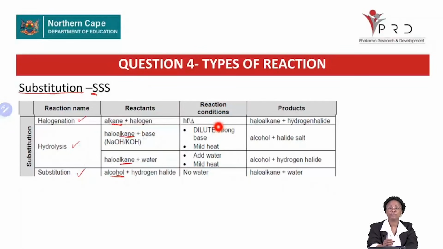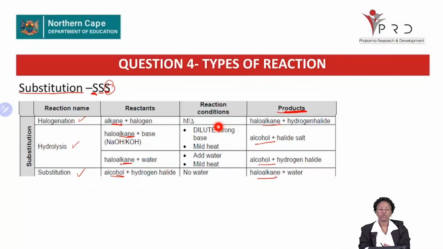Now you are moving from a saturated reactant to a saturated product. You can see product, saturated, haloalkane, alcohol, haloalkane. They are all saturated. Saturated reactant to a saturated product, the type of reaction will be substitution. Then the next thing that you are going to look at, what is it that I have substituted with? And then please do not forget your reaction conditions. Please go look at them. They're very much important.